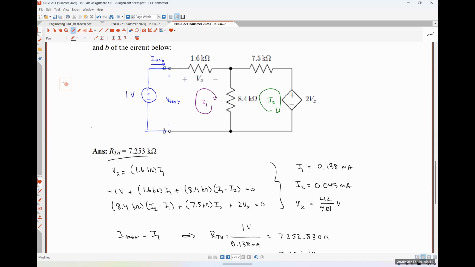The reason why I say that is if we had chosen a 1 milliamp current source, since Vx is located where it's at, we would know that Vx is just going to come out to be 1.6 volts, and it's no longer an unknown quantity that we have to worry about. So in certain cases, one choice of a test voltage source or a test current source will make the problem a little bit easier, but ultimately, in the grand scheme of things, it's going to be solvable either way.